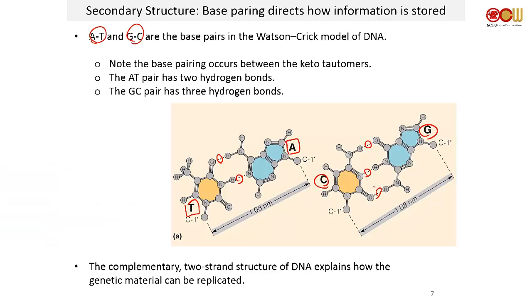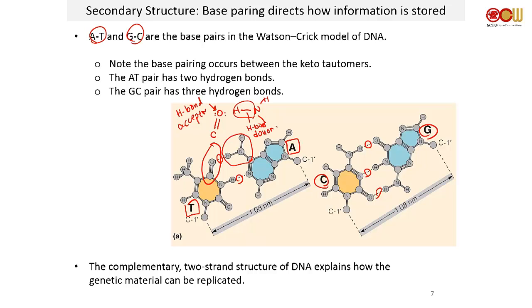For example, if you take a look at this one, this is a keto group, and what you should notice is that the keto oxygen here is going to be a hydrogen bond acceptor because it has lone pair electrons. And next to it, you've got the adenine, and this one is going to be a hydrogen bond donor.